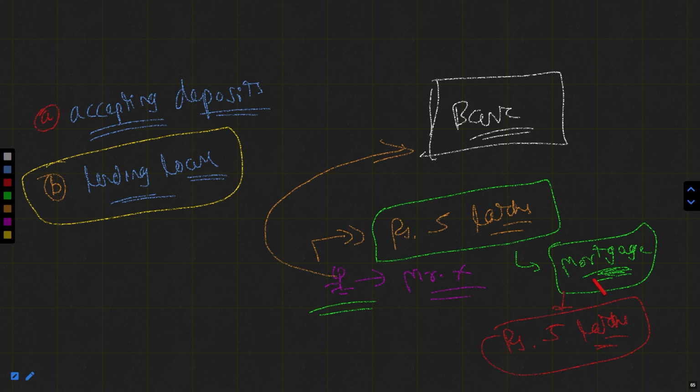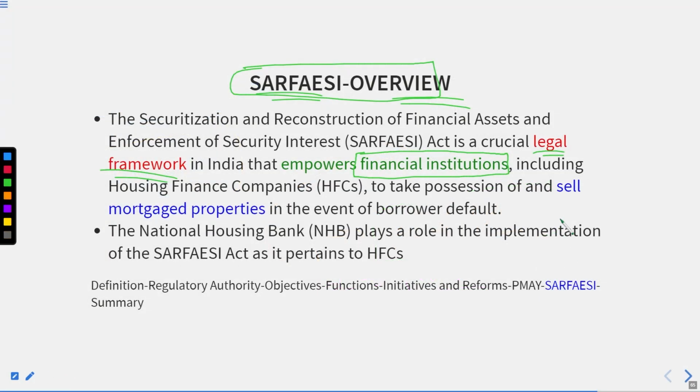Understood? Whatever the loan amount, you have to submit an equivalent value thing with the bank as a mortgage. In case of your default, the bank will sell it and recover its value.